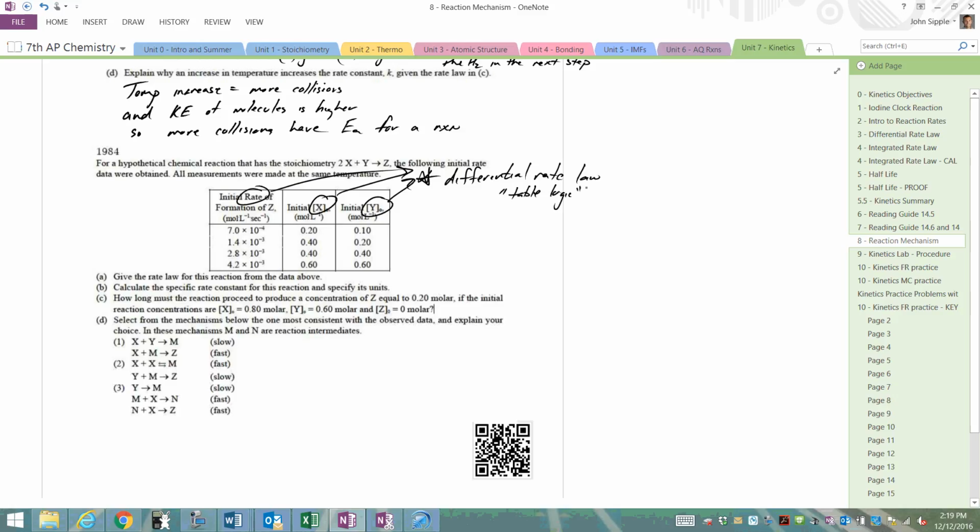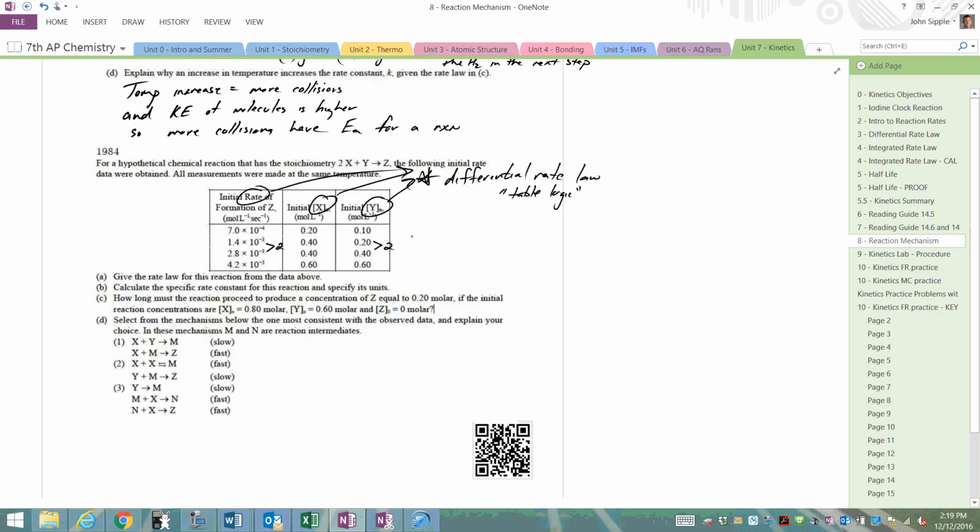So if I see this, I want to use table logic. The concentration of X is the same in reactions 2 and 3, so I can ignore X and just look at these. 1.4 goes to 1.8, that's doubled. What happens here? 0.2 to 0.4, that's doubled. So what does that tell us about the order of reaction for Y?